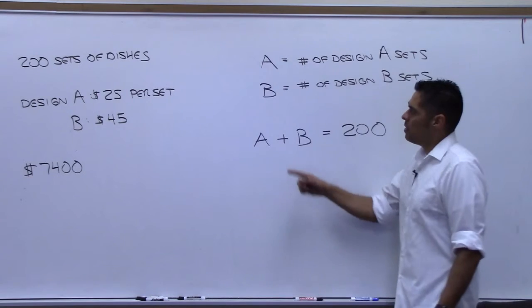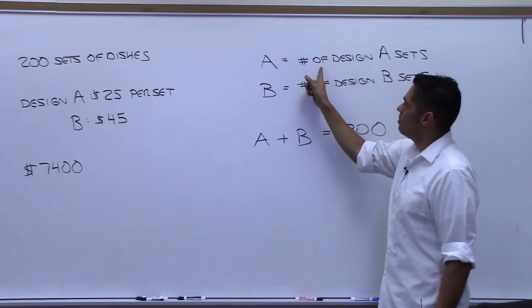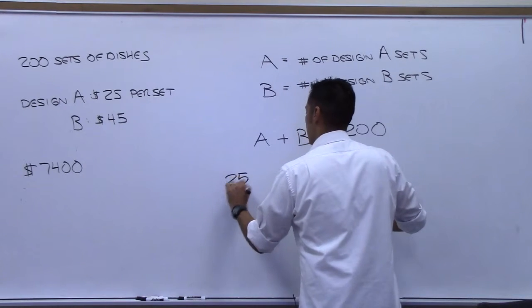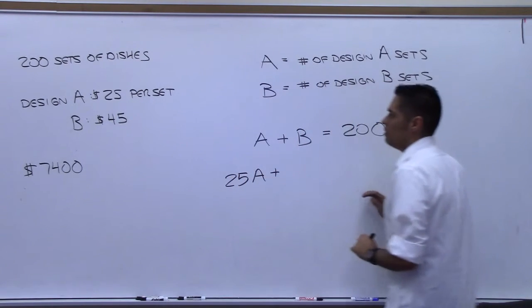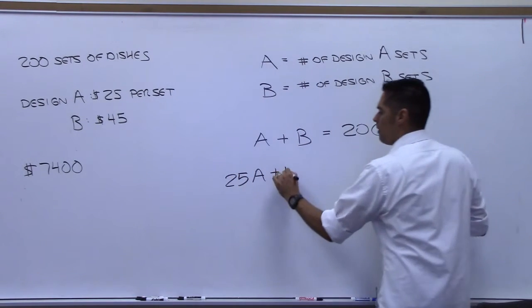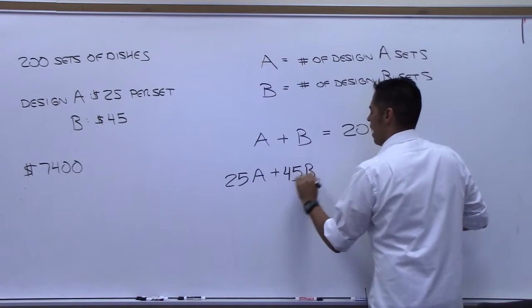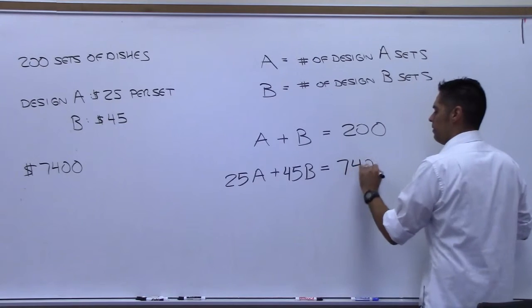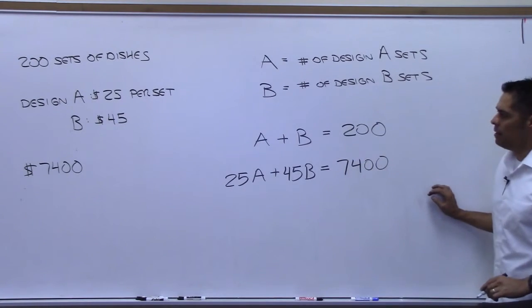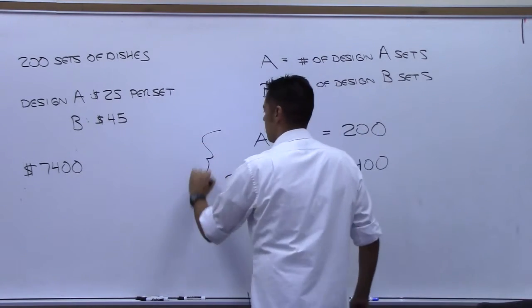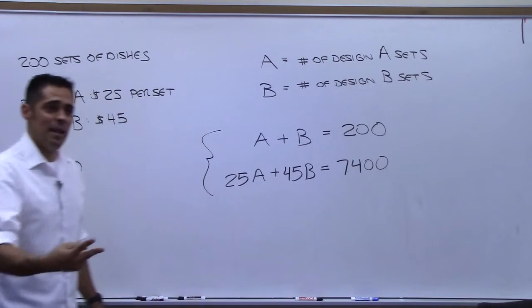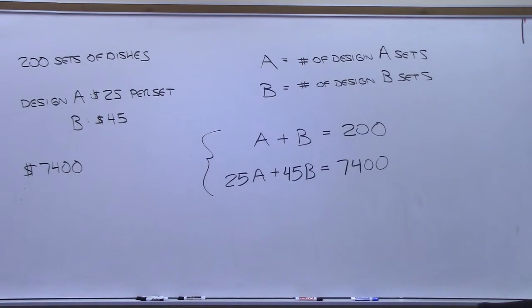How much am I going to spend on design A plates? 25 times A, plus the cost for each B set, 45 times B. That has to be equal to $7,400, since I want to spend all my money. Now you have your system of equations, which you can solve using substitution, elimination, or RREF on your calculator.